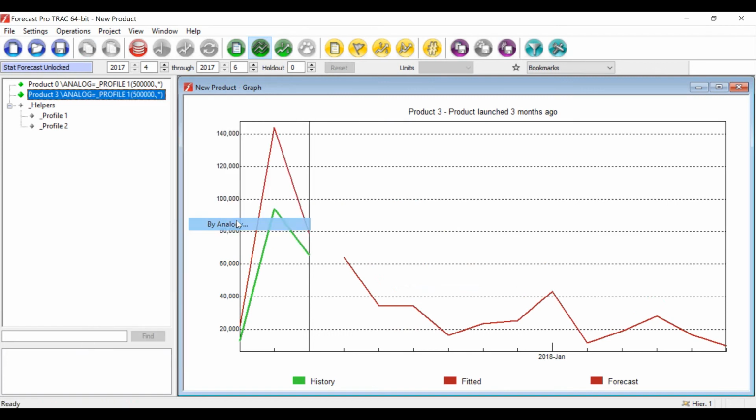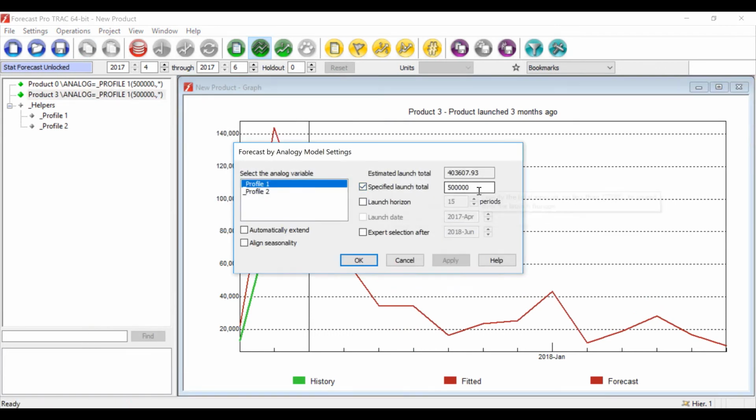So we're going to go back and look at what's going on here. We can see that we're still using this 500,000 based on this checkbox here. But we can also see that we now have an estimated launch total of a little bit over 400,000. The way we're getting to that number is, if you think back to the Excel sheet where we saw demand, we saw 31.8% of sales coming in the first 3 months.